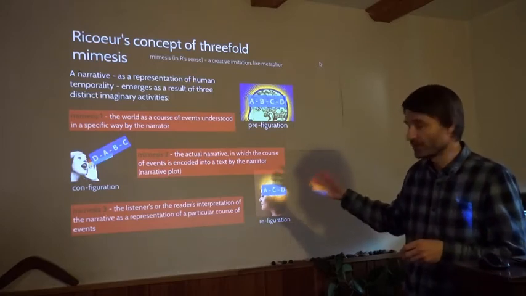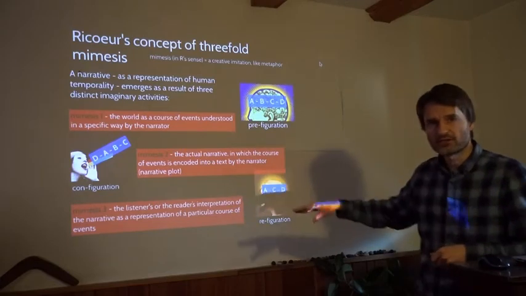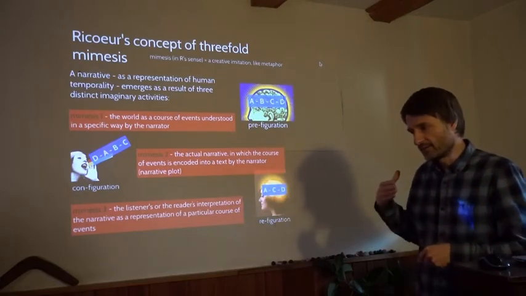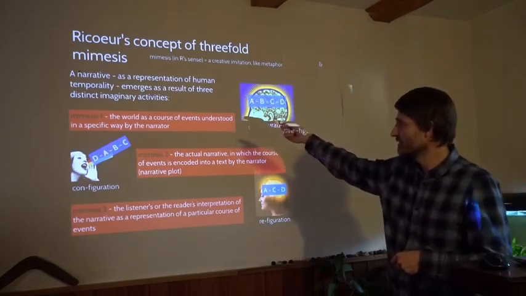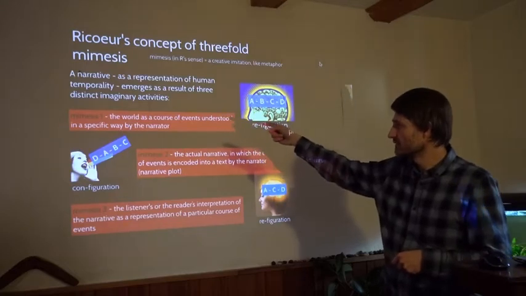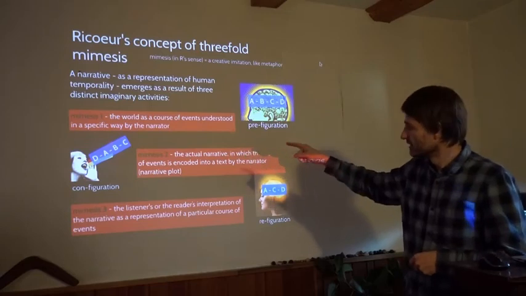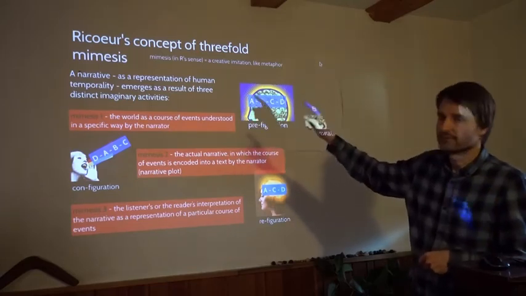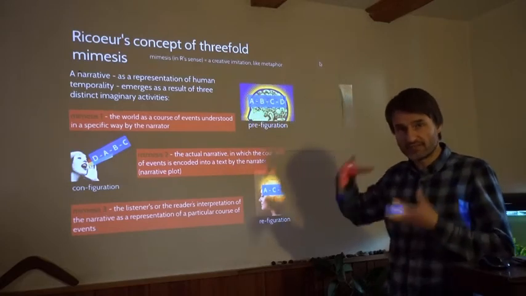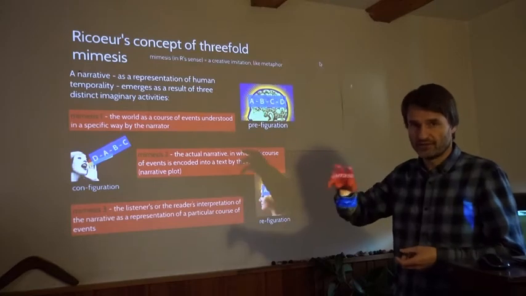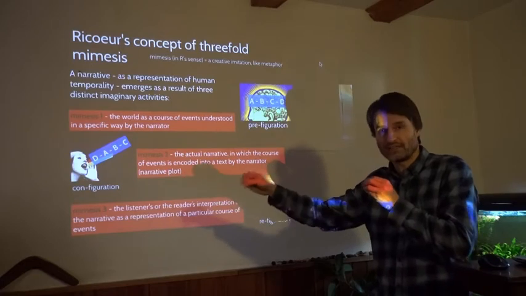It doesn't mean it's not creative. All these mimesis are creative steps. So the first creativity is to transform the world we perceive into a sequence of events, the ability to see the chain of events.